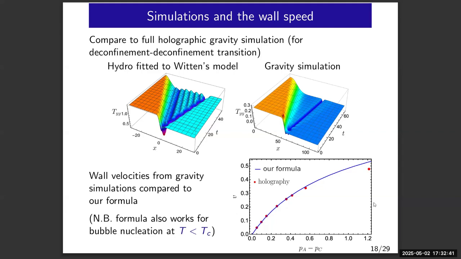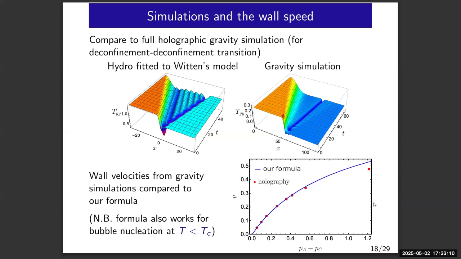Well, Witten's model is a rather rough model for Yang-Mills theory, in the sense that the equation of state is this in the deconfined phase, and in the confined phase this is just constant.